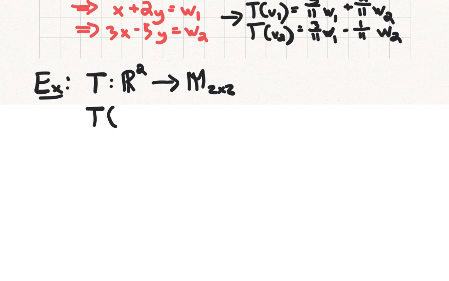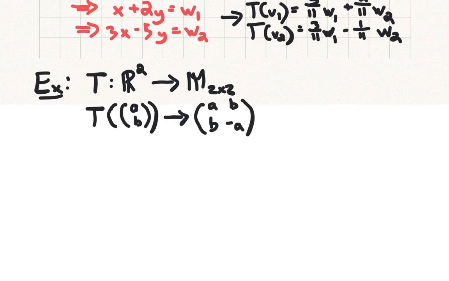Let's say it takes the vector (a, b) and outputs the matrix where the first column is a, b, and the second column is b, minus a.